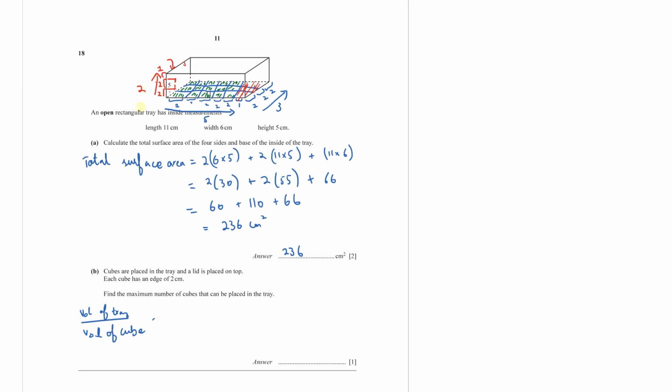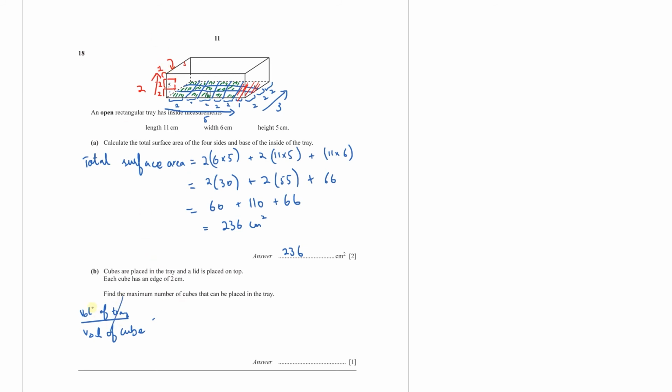Only 2. So you can have 5 in this direction, 3 in this direction, which is 15 at the base. And then if you have 15 at the base, then you can add another layer on top of it, which is another 15, which becomes equal to 30. And after that, you cannot add another layer on the top because that will make these small cubes protrude outside the box.